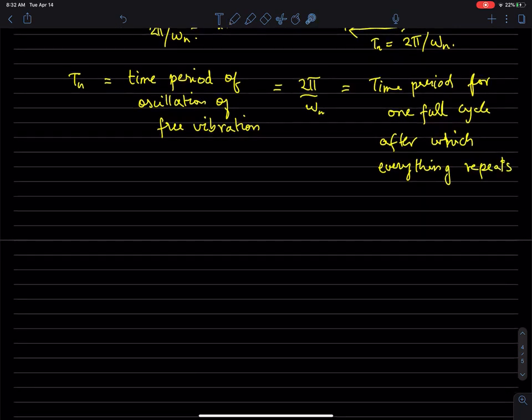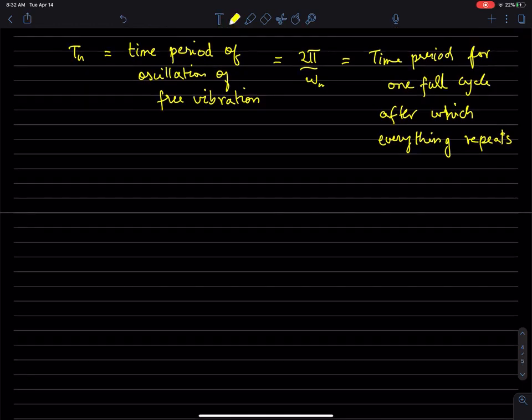And we've used the subscript n because it has to do with the natural motion of the system in the absence of external forces. So we might call this the natural period.